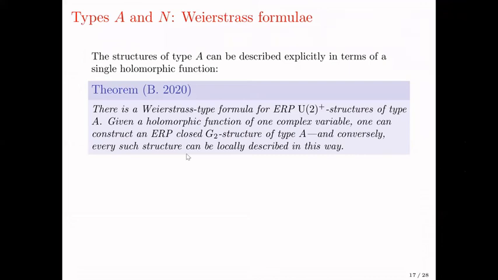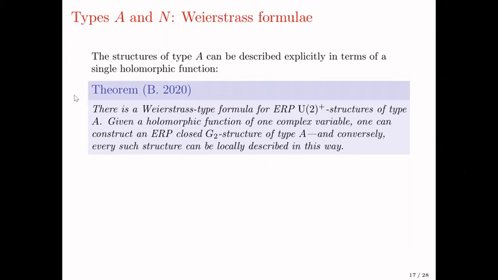And conversely, every structure that's of type A can be locally described in terms of this holomorphic function. So this is quite nice. I wish I had space or time to really write down the formula, but it's a little bit intricate. It's nice in that this produces already infinitely many local examples of ERP G2 structures because there are infinitely many distinct holomorphic functions.